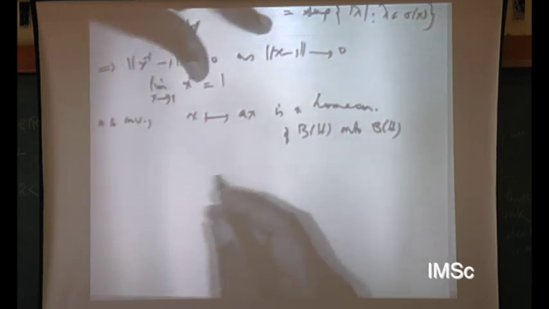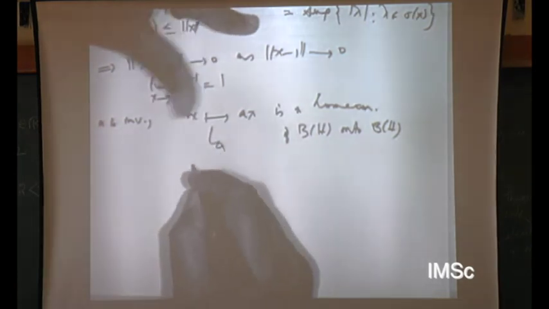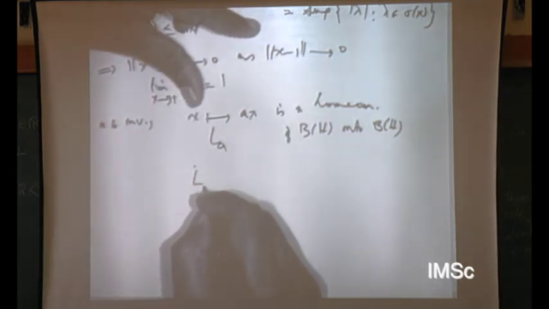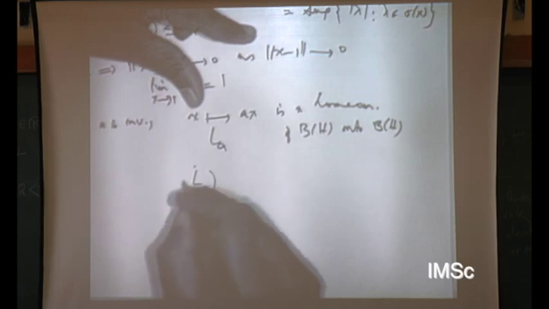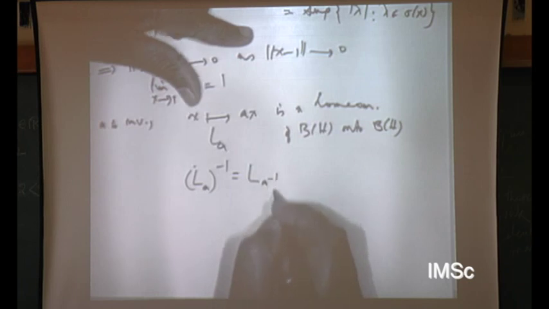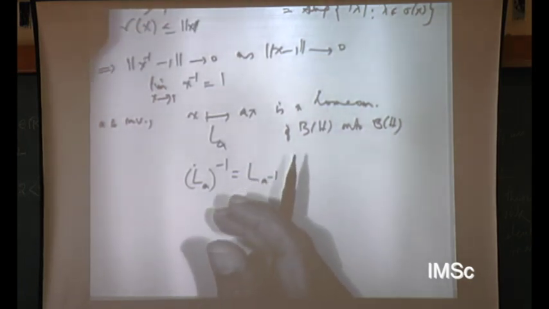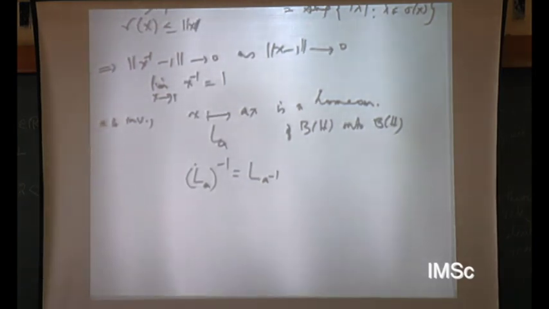If I call this L_A, left multiplication by A, it is clear that the inverse of L_A is L_(A inverse). And so it has an inverse which is also continuous. That is why it is a homeomorphism.